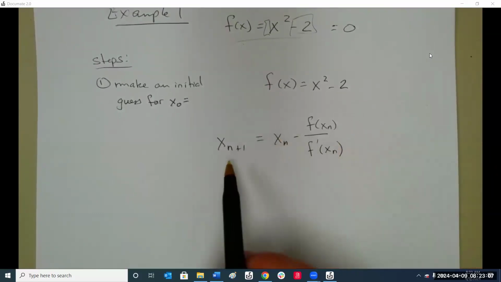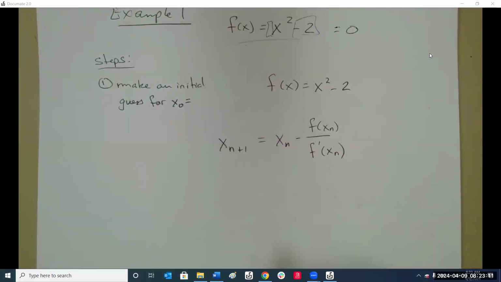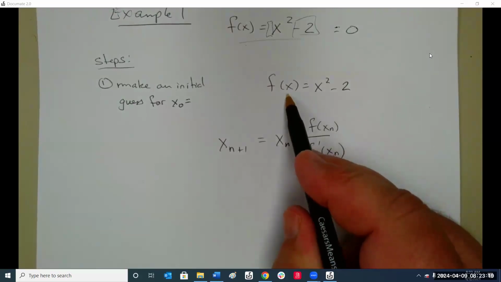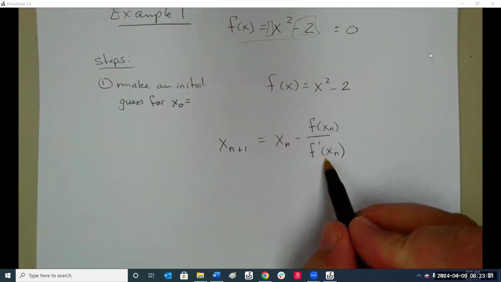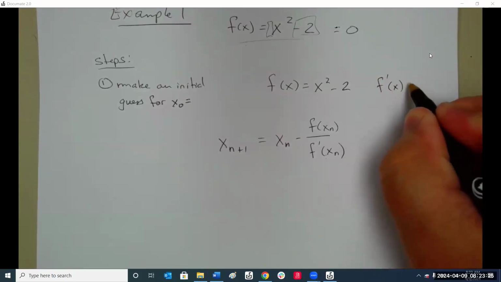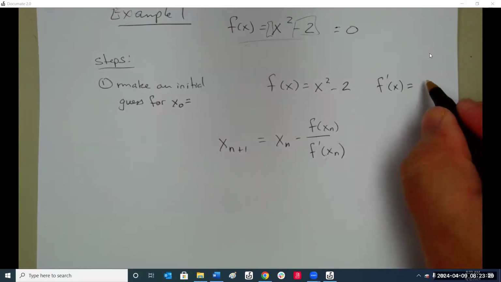What do we need so we can use this equation? We have the function f of x. Do we have the derivative? No. We've got to find the derivative, which is what? 2x.